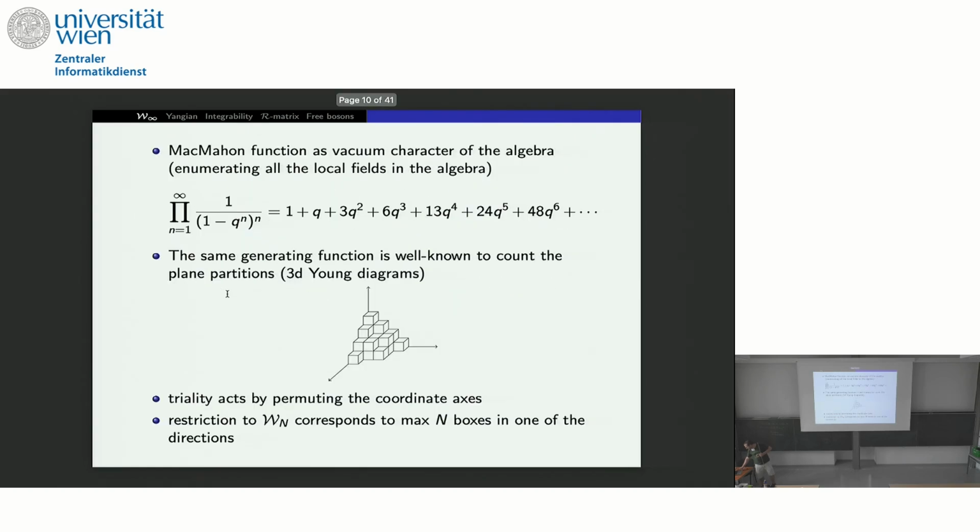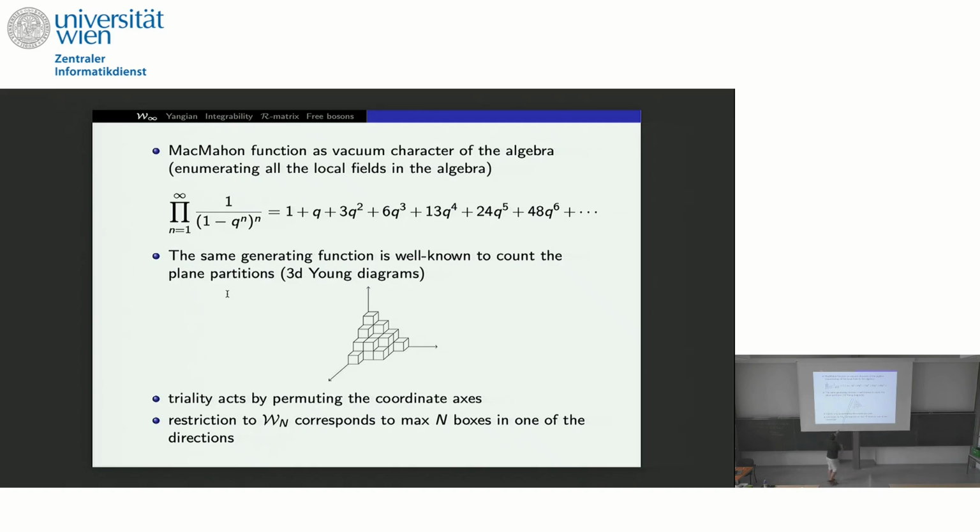Another place where you can see this symmetry is if you look at the character of the vacuum representation, which is basically counting all the local fields that the algebra has. It's quite easy to convince yourself, if you know a little bit of Virasoro representation theory, that this vacuum character is given, up to an overall factor, by such a function with this expansion.